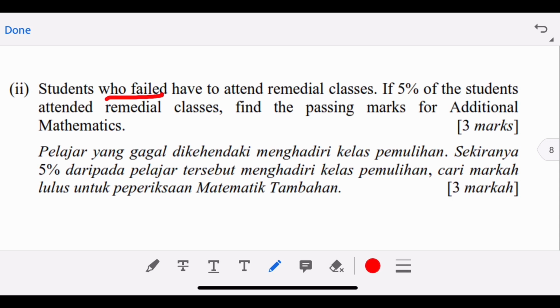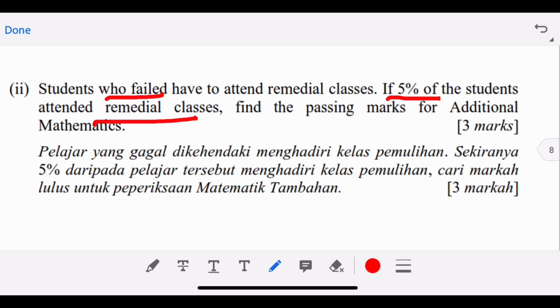The first type is you must start with the x, then from the x you go to the z, and then from the z you go to the graph, and from the graph you will find the probability for the area of the bell shape, right? You can either use the table or you can use your calculator. Alright, I think we prefer to use calculator nowadays, but both ways are also accepted.